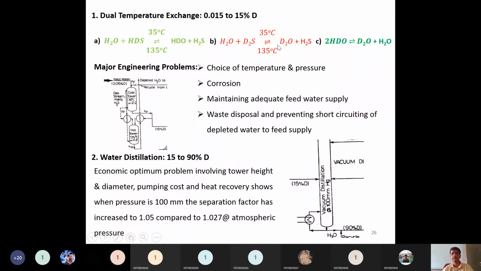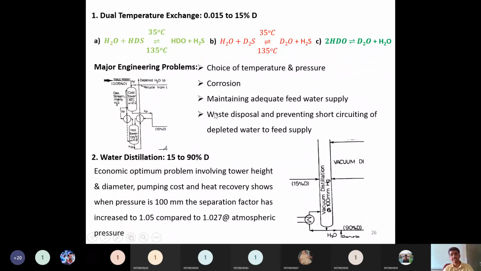In this manner, of the HDO which is formed, two molecules of HDO are fractioned into D2O plus H2O, and the depleted water is sent to the vent, it will just be stripped out. So these are the reactions taking place in the dual temperature exchange process.